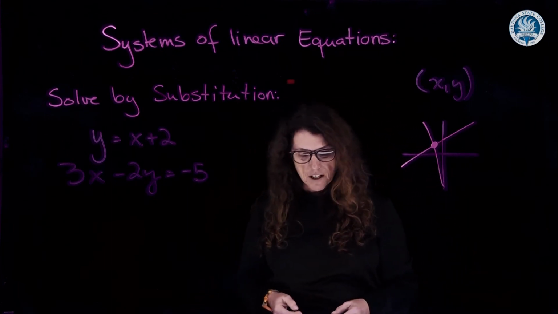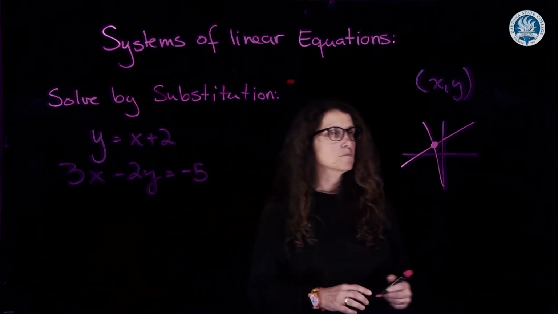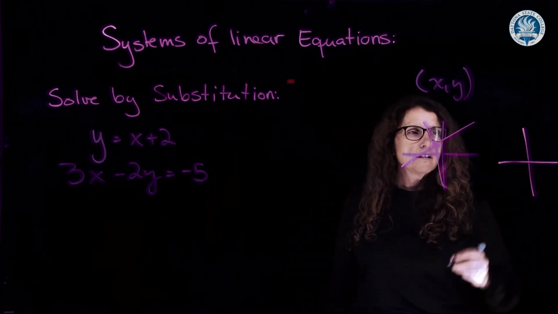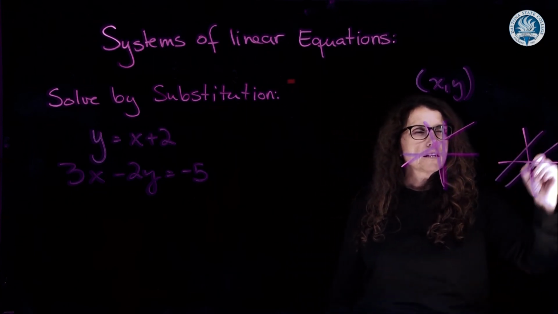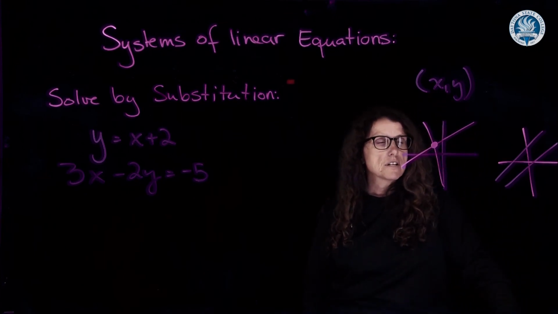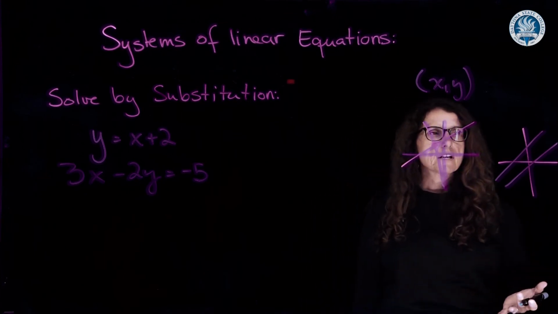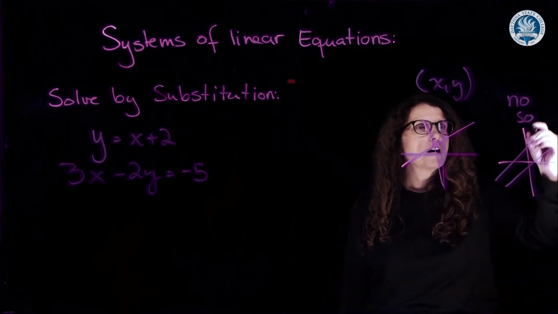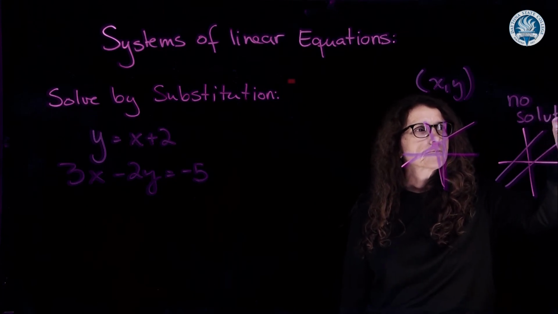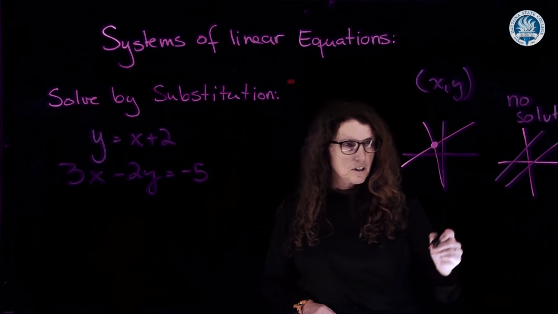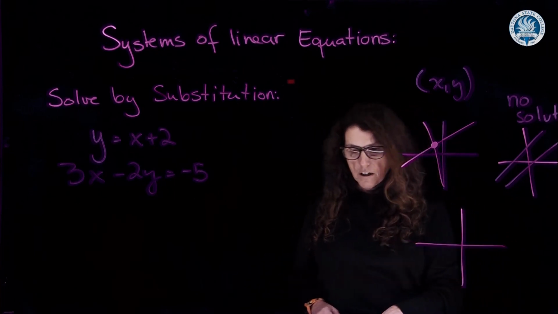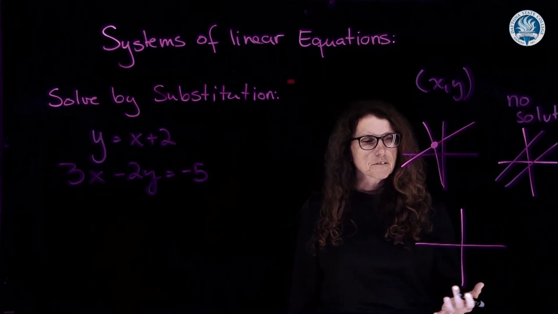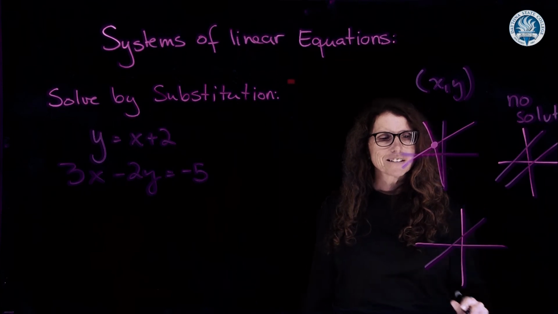Now something else can happen when you solve these linear systems. It's better to show you graphically. If you have two lines and they do not intersect at all, they are parallel. If you have parallel lines, they do not intersect, so that would mean you have no solution. A third case you could come across is if you have two equations that look different, but when you graph them, you will see they are exactly identical.